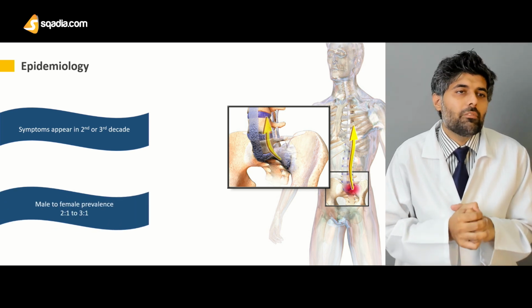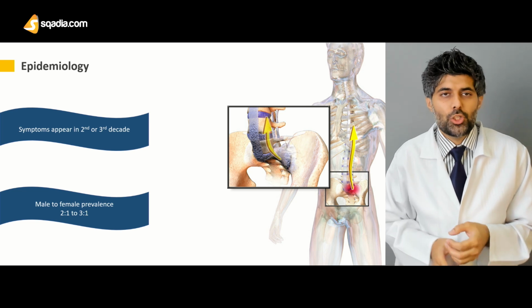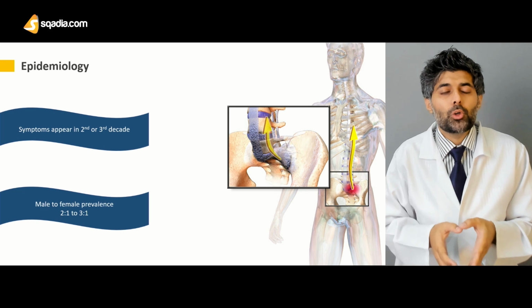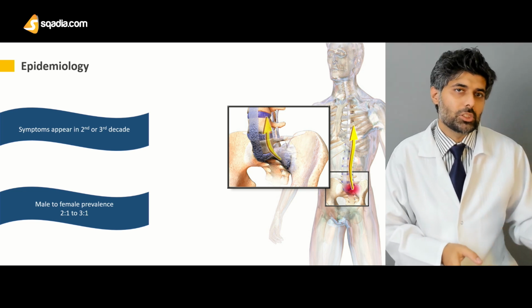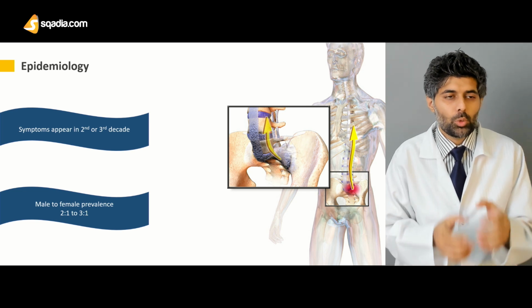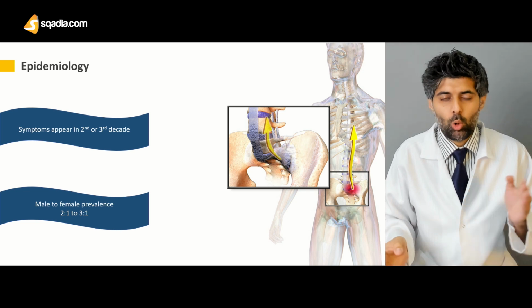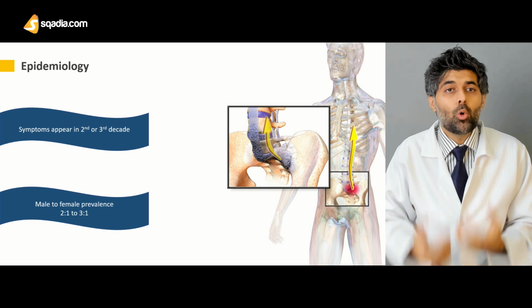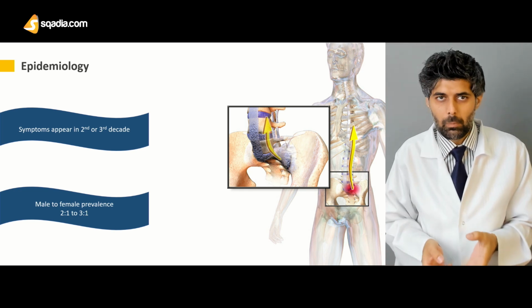Next, we have its prevalence. Now, prevalence in any population regarding the condition that we're studying is important because it affects our decision to diagnose a certain condition. Now, we know that it has a male to female ratio of 2 to 1, that men are more affected by this disorder than women.